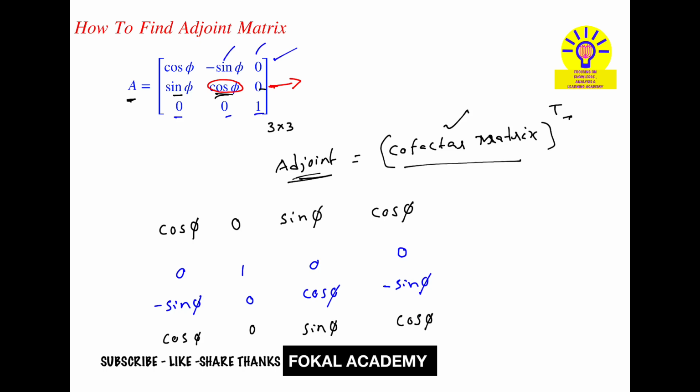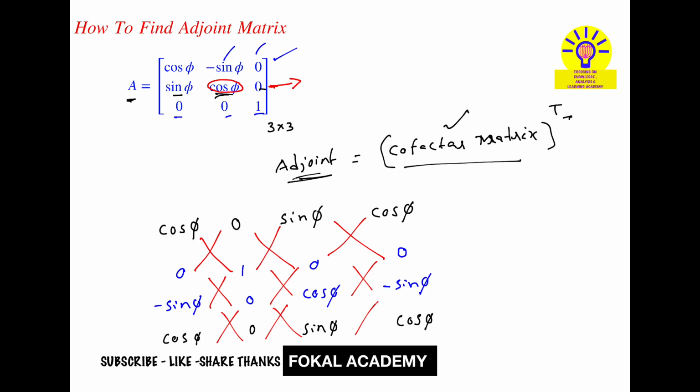Now apply det for the 2 by 2 matrices in this matrix. For this matrix apply det, we get one value. For this matrix we get one value. For this matrix we get one value. Like that, apply det for all the 2 by 2 matrices. So here we will get the det equal to cos pi.